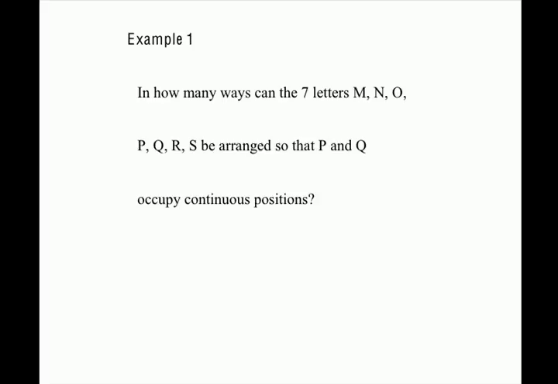So here we have 7 letters M, N, O, P, Q, R, S, and we need to find the number of ways in which these 7 letters can be arranged so that P and Q occupy continuous positions.